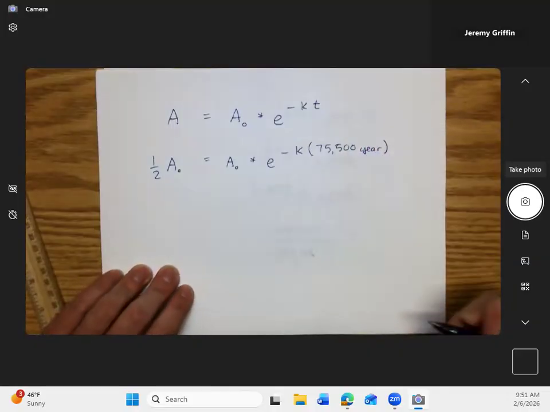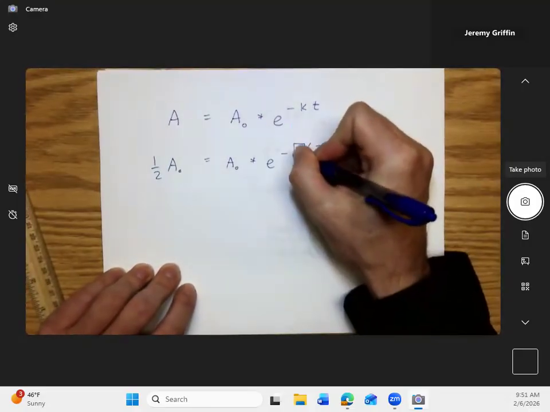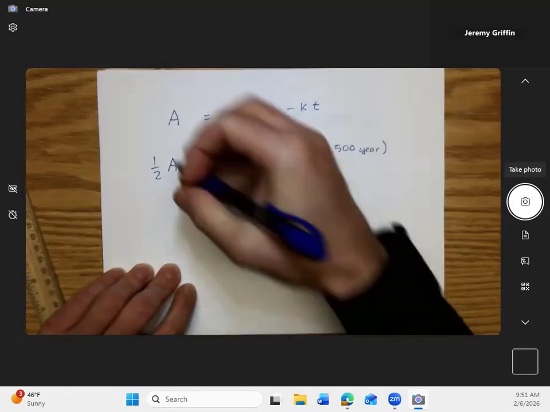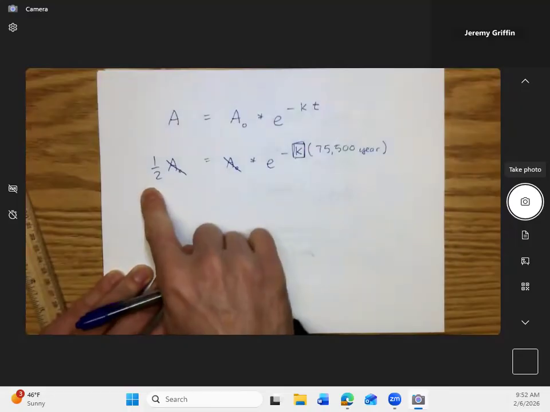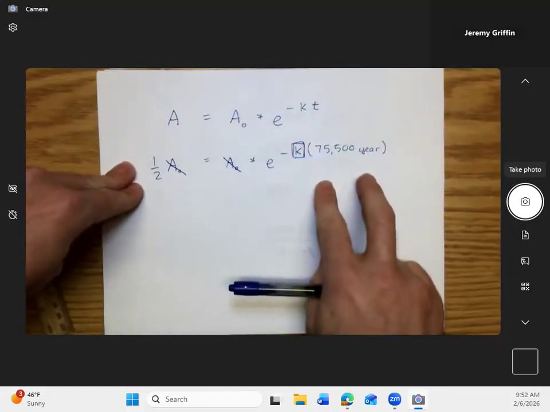Like that. And then at least in algebra, we solve. Now, the A naught ends up going away, so I have a half here. So if e to the power of something is equal to a half, guys, what's the next step?